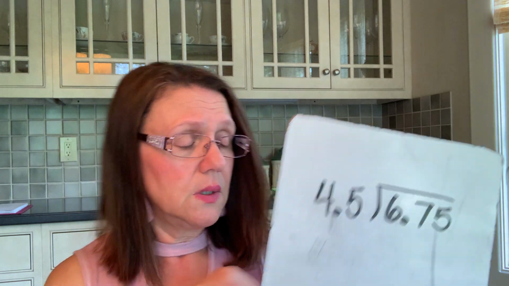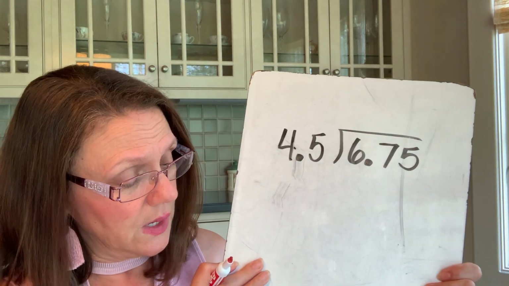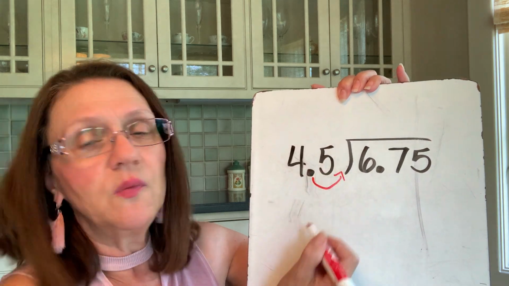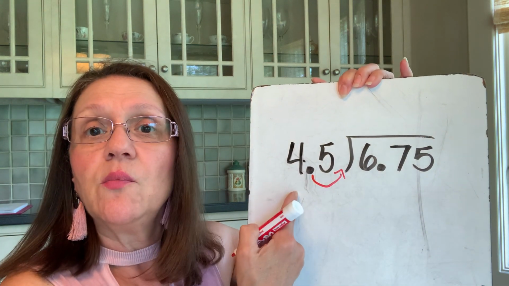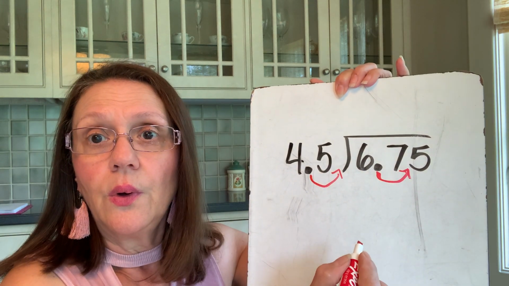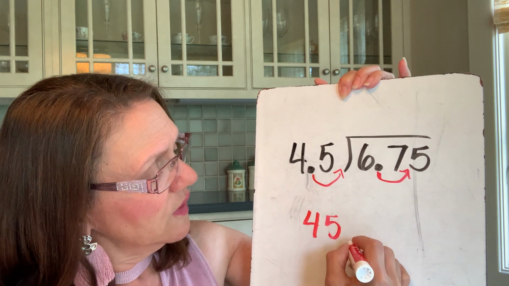So we use the tens trick for this. Basically I'm moving my decimal one spot here, and if I move it one spot here, I'm going to move it one spot here too. So when I do that, my new question becomes this.